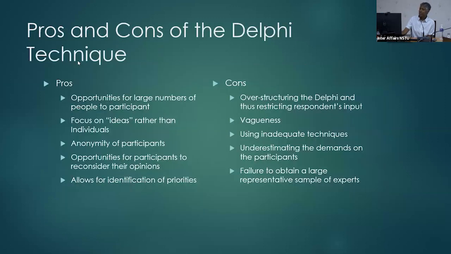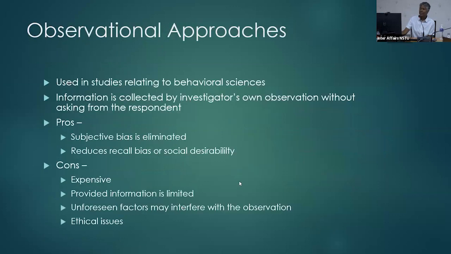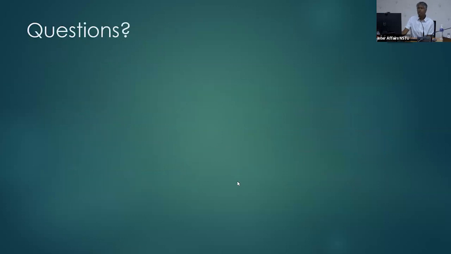Like all approaches, there are definitely pros and cons to them, and those need to be considered. Okay, so at this point, stop sharing, and we can have time for a discussion about anything related to measurement in general, or any of the examples of measurement approaches that we just reviewed.